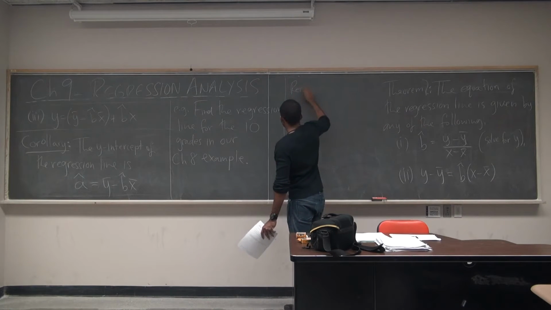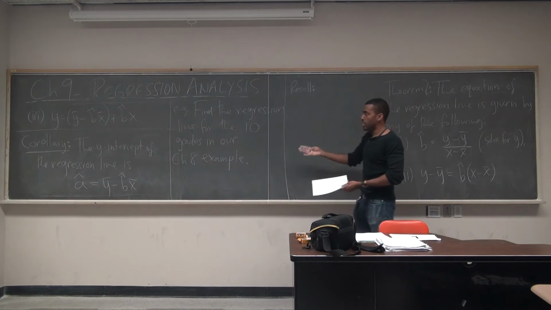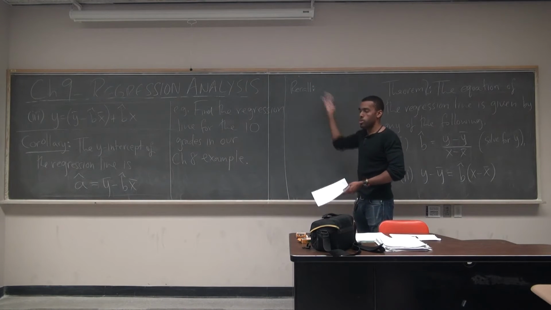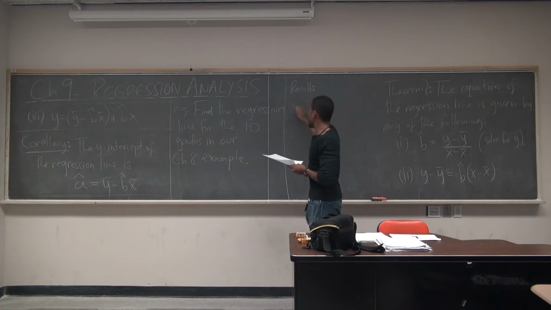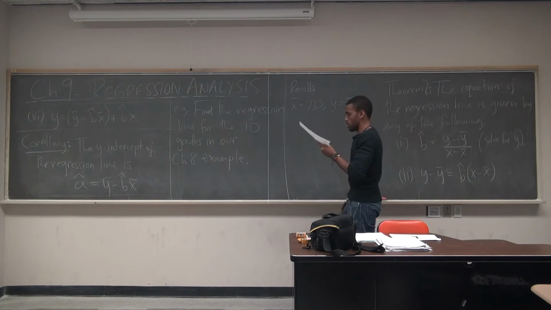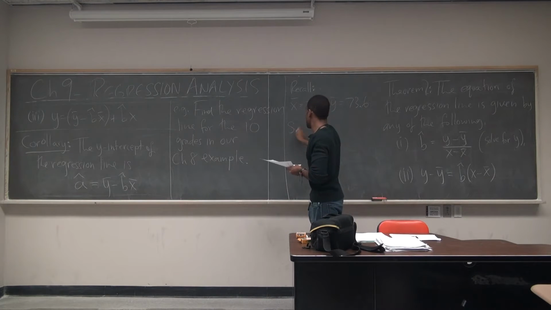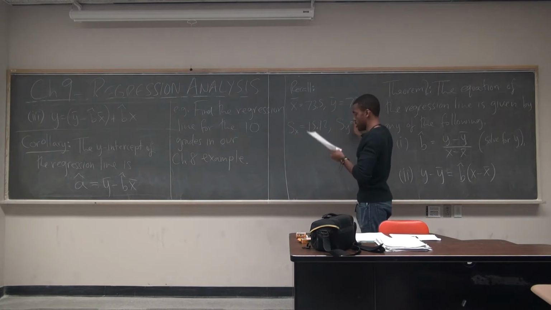Recall some important numbers. These were actually computed before. So in an actual test, you would have to compute these yourself, but we already did this, so I'm just going to remind you of the values that we got. I think we got x bar was 73.5. Our y bar was 73.6. Our standard deviation of the x values was 15.12. The standard deviation of the y values was 14.08.